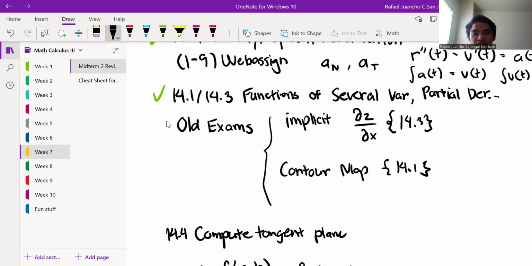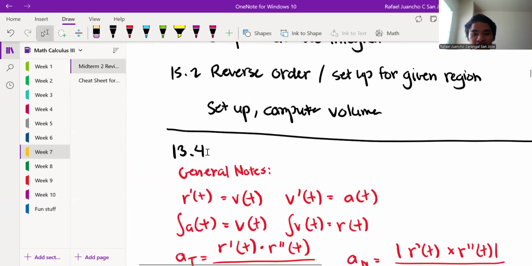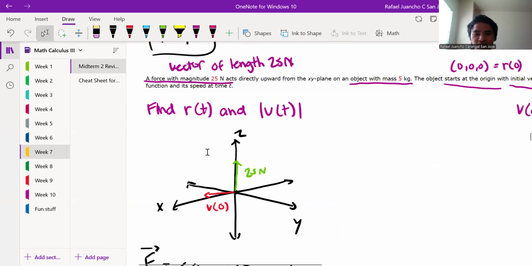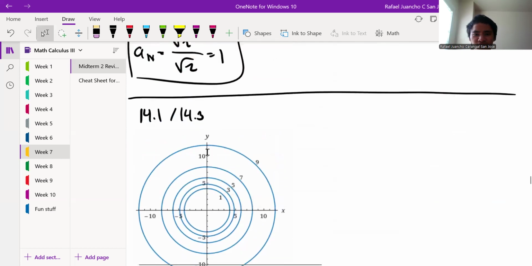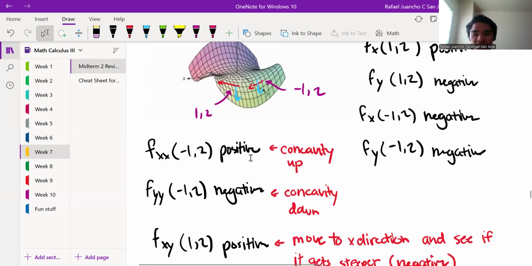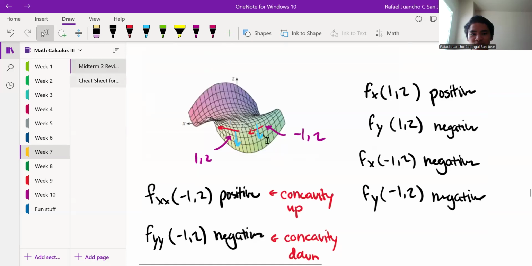So just for a cheat sheet here, the idea is, based on what I just did, it's not even about contour maps. So here, when we're being asked to look at something like a partial derivative, we're given some curve.